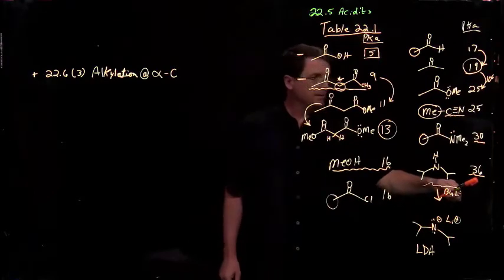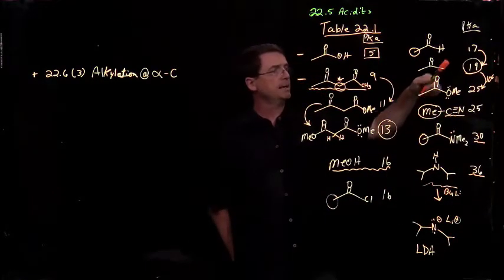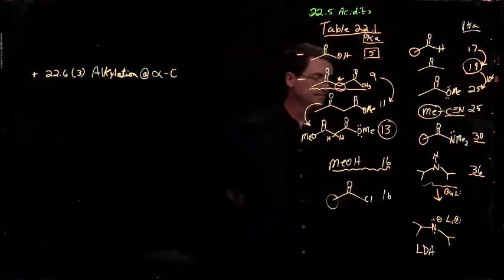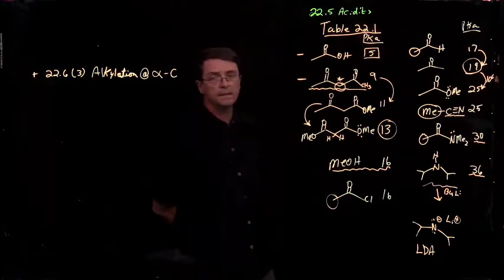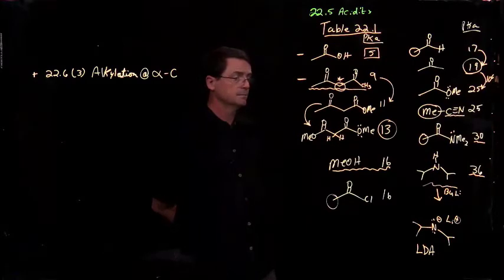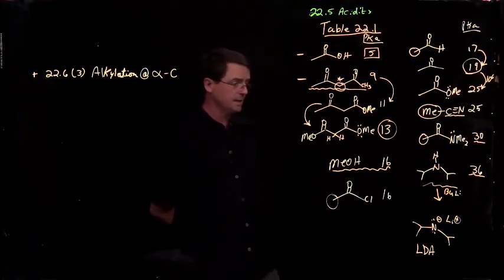And 10 to the 36th versus, say, 10 to the 17th, what do we have there? That's almost 20, it's 19 factors of 10, or 10 to the 19th.